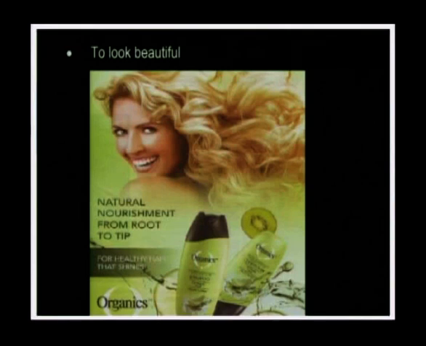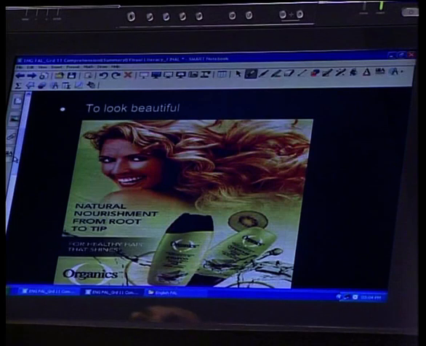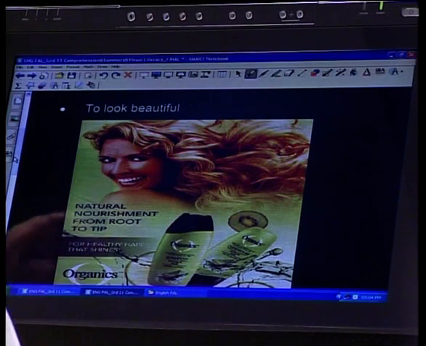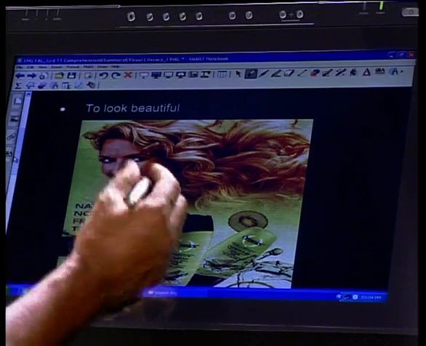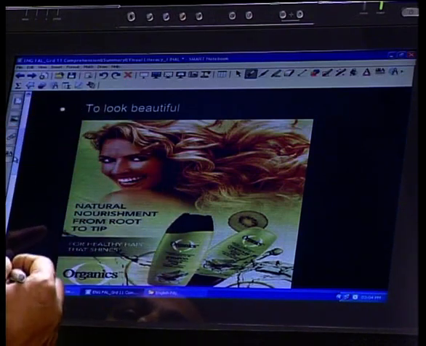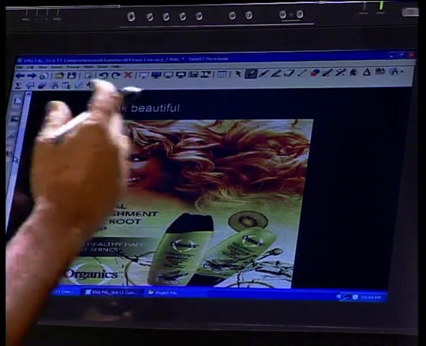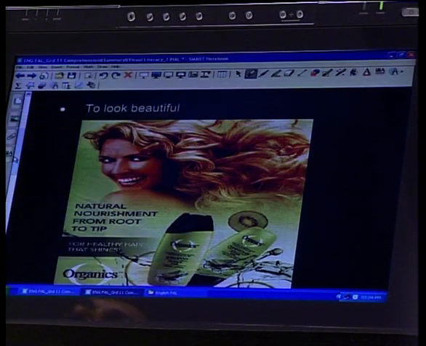There you'll find that she's very happy. She's smiling. She's got long flowing hair. And there's a product. Then we're introduced to the product itself, and it's called Organics. So there, what has attracted our attention? One, it's a picture. Two, the use of color. You'll see the green. What about the fonts, the font sizes?